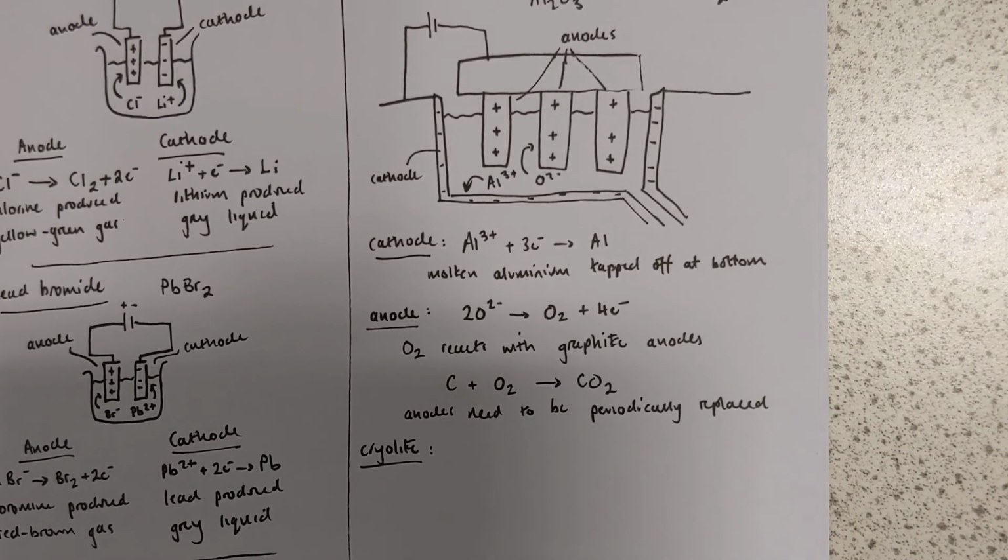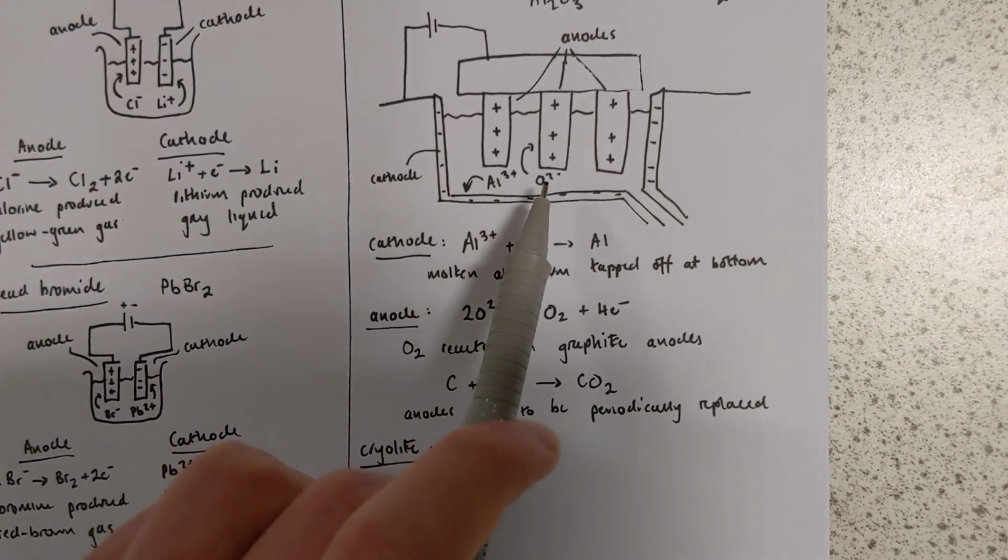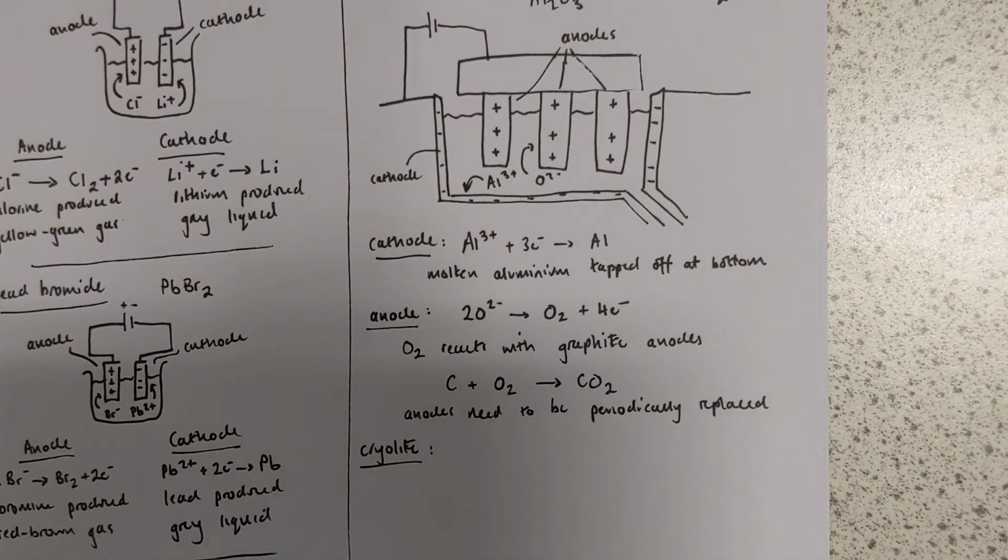The last little bit of detail for this process you need to know about is a substance called cryolite. Now, as we talked about before, for electrolysis to work, your ionic compound needs to be molten, which normally involves quite high temperatures. For aluminium oxide, that would be a very, very high temperature, which would be quite dangerous and also quite expensive to keep hot enough to melt. What they do in this process is they instead add a substance called cryolite to the mixture, and cryolite has two purposes.